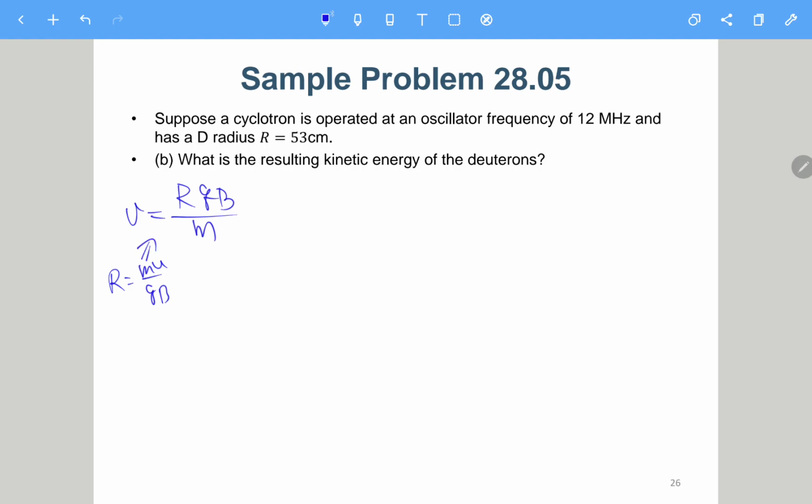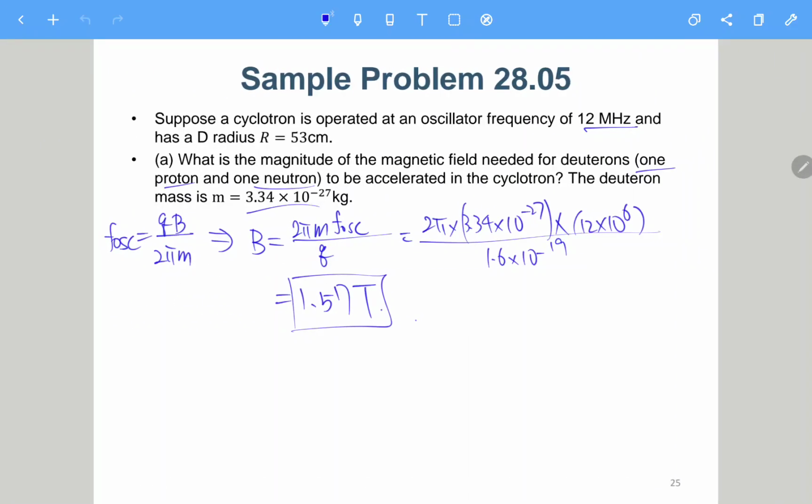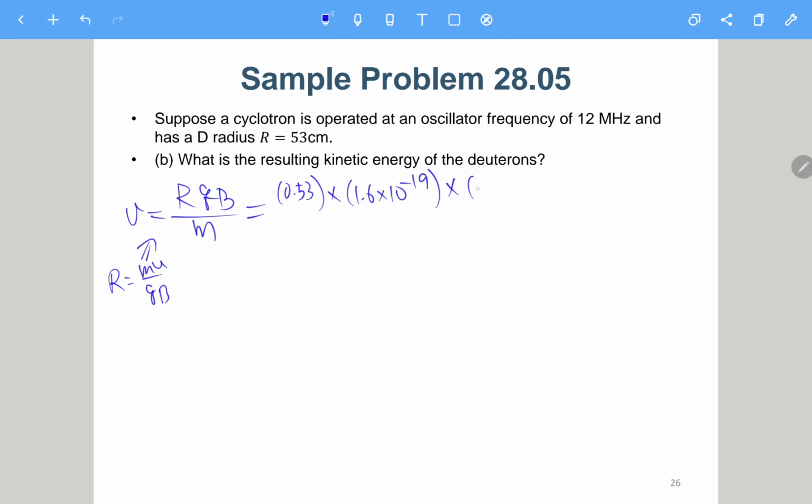Okay, so we can just plug in the numbers. r is 53 centimeters, 0.53, times q, still 1.6 times 10 to the minus 19, and then times B, this value, 1.57, over 3.34 times 10 to the minus 27.